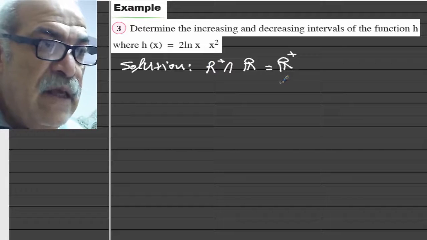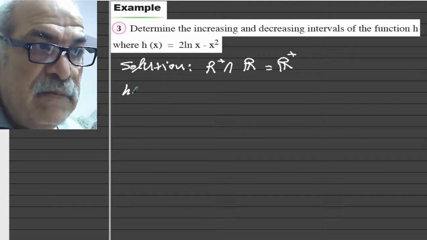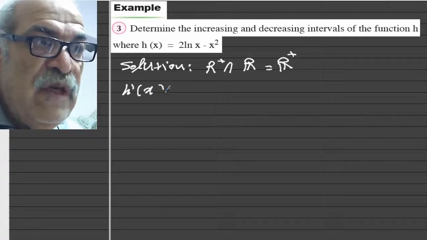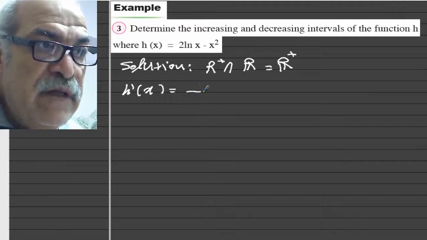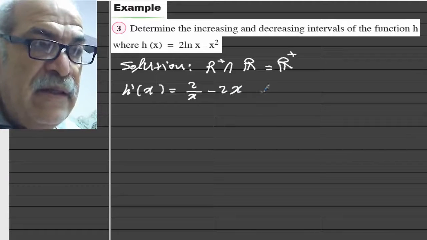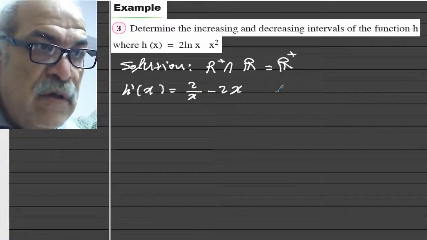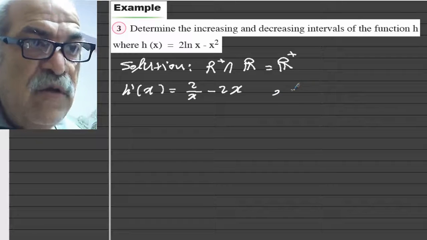Okay, now h dash of x equals 2 over x minus 2x. And h dash of x is undefined when x equals 0. Right? So here x does not equal 0.